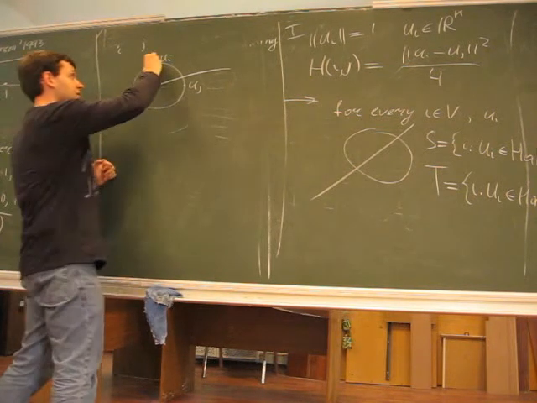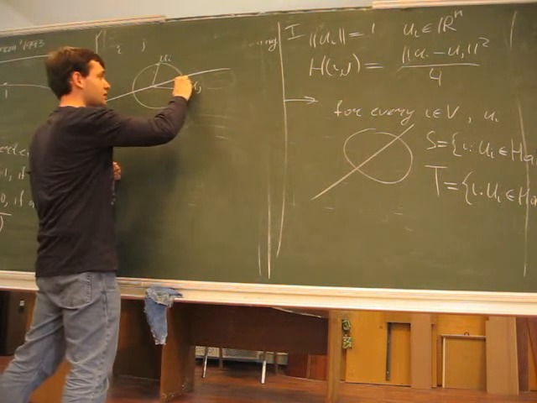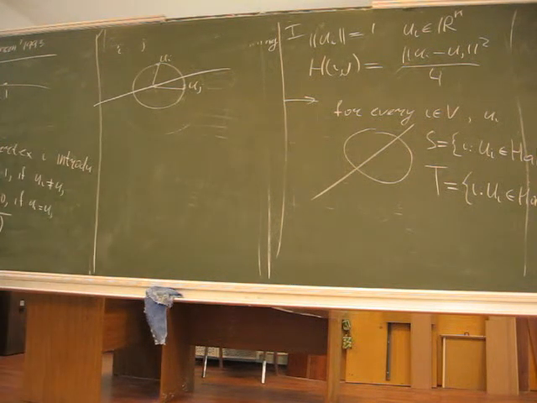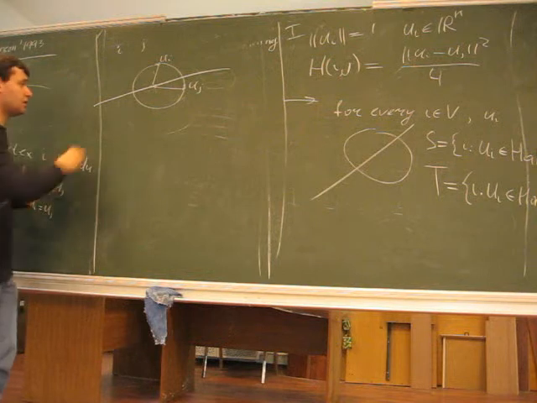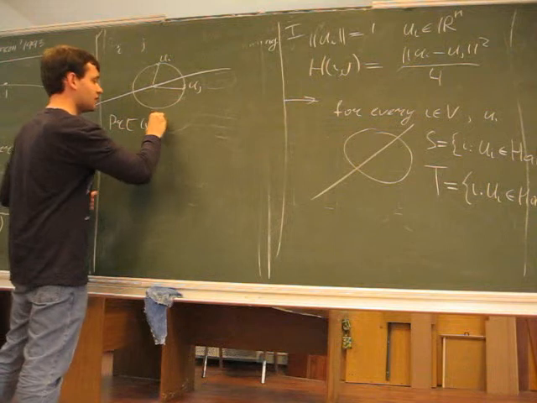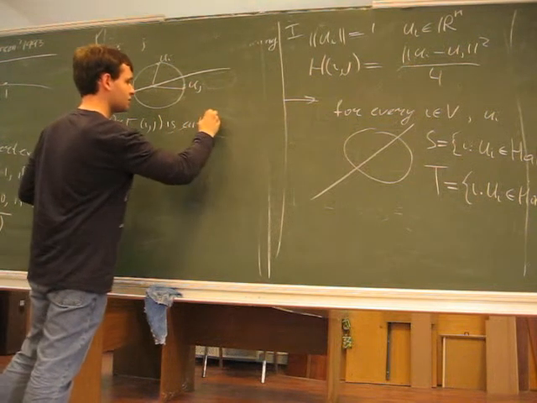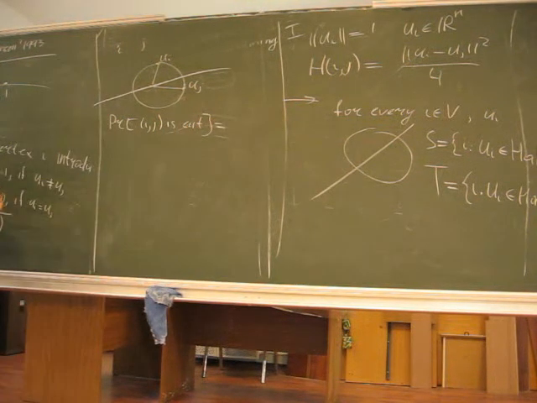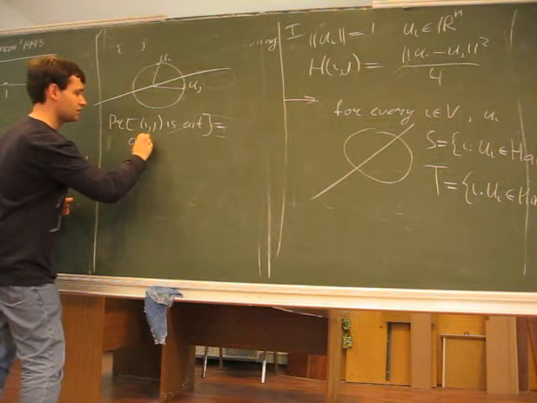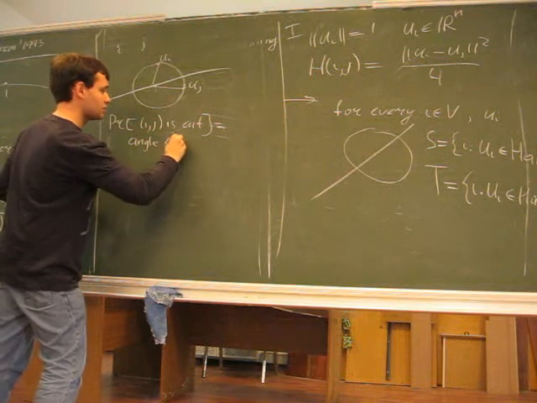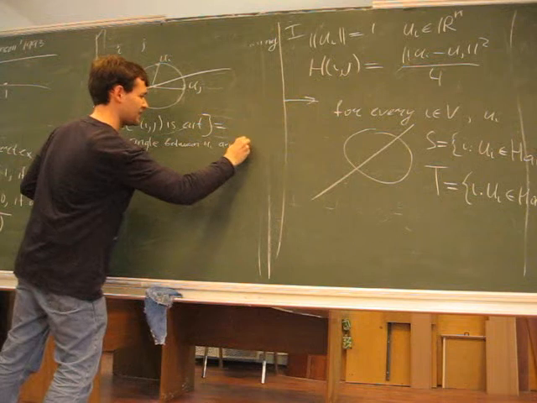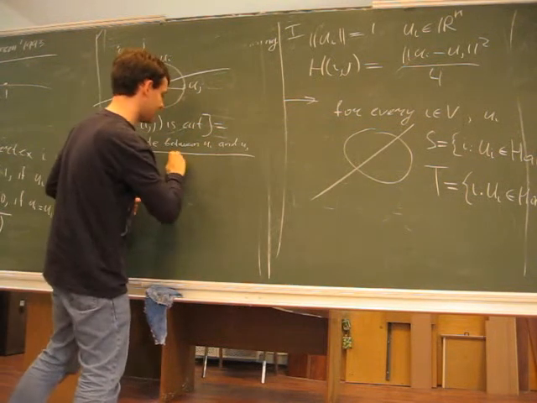The probability that this line separates ui and vj is proportional to the angle between ui and vj. So the probability that the edge ij is cut in our solution equals the angle between ui and vj divided by pi.